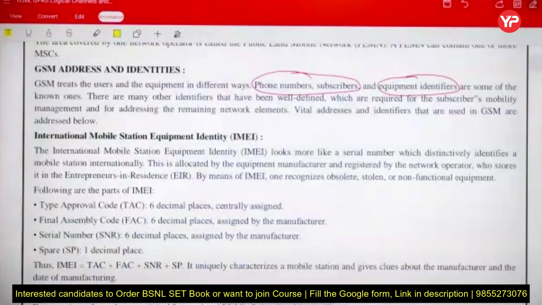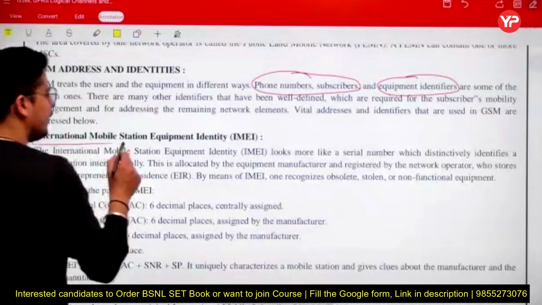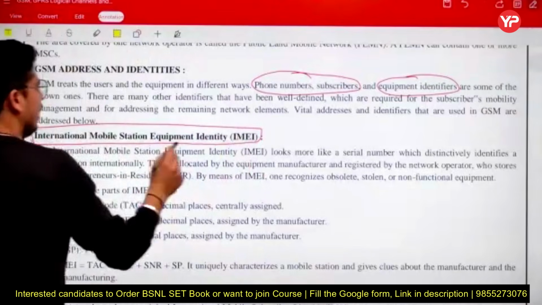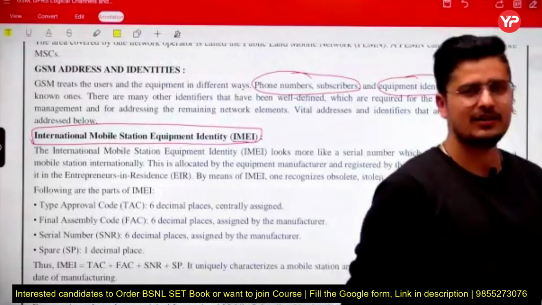So basically, whenever we are talking about GSM, I already told you the subscriber ID is different and your equipment ID is different. So the first thing that comes to your mind is, what is my equipment ID? That equipment ID is the International Mobile Station Equipment Identity, IMEI number, right?